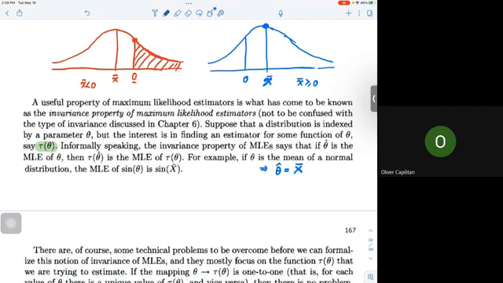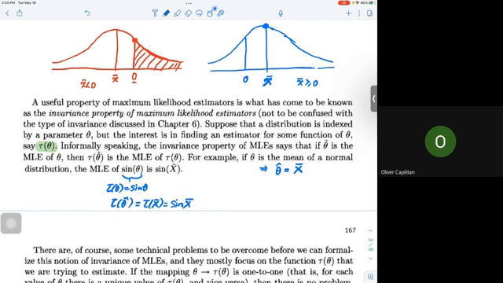So using the invariance property, the maximum likelihood estimator of sine of theta, in this case a function of our parameter theta equal to sine of theta, is tau of theta hat. So that means we have tau of x bar, and that is equal to sine of x bar.